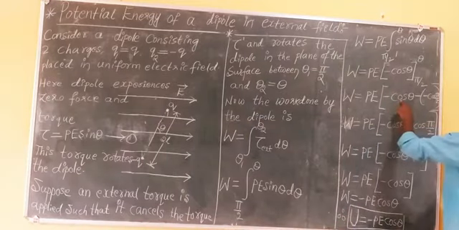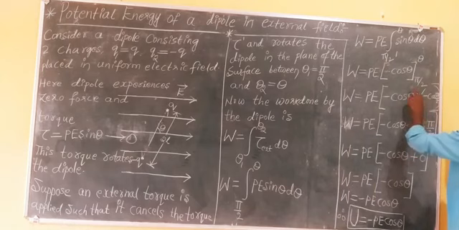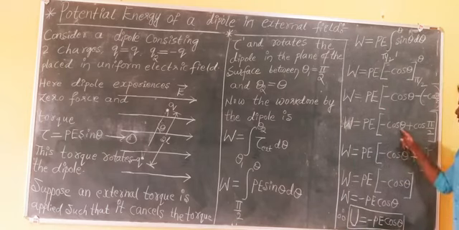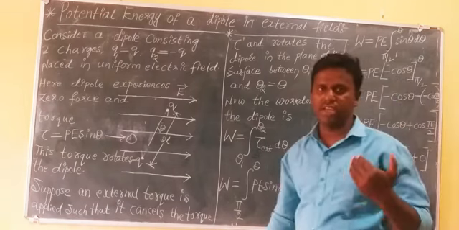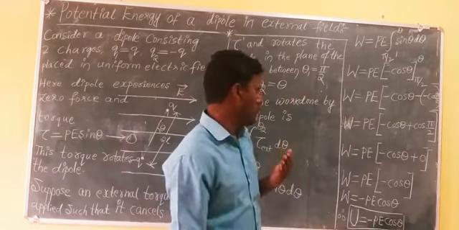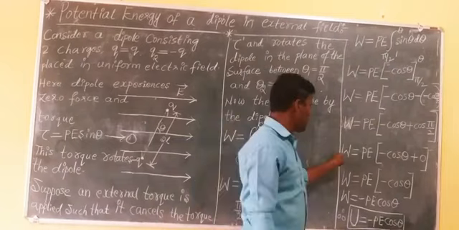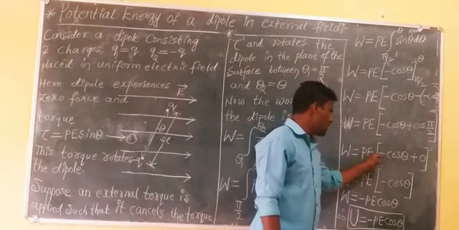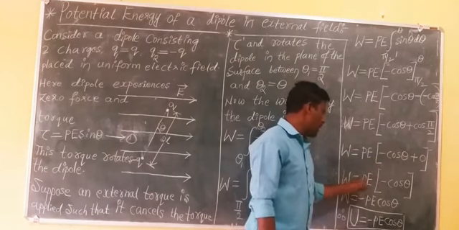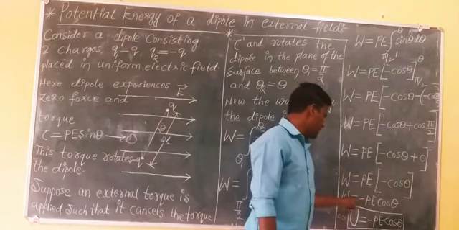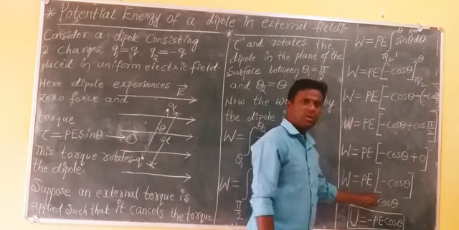So minus cos theta minus of minus cos pi by 2, which is minus cos theta plus cos pi by 2. Cos 90 degrees is 0. So W equals PE into minus cos theta plus 0, so W equals minus PE cos theta.